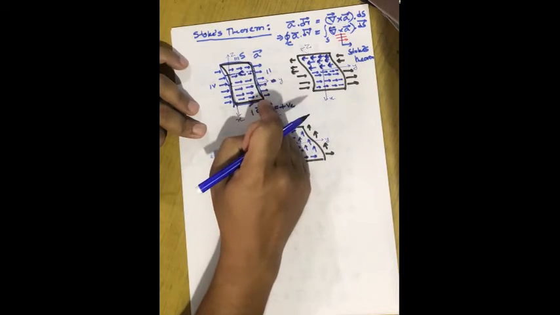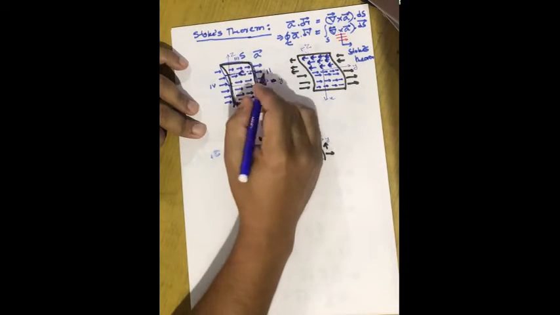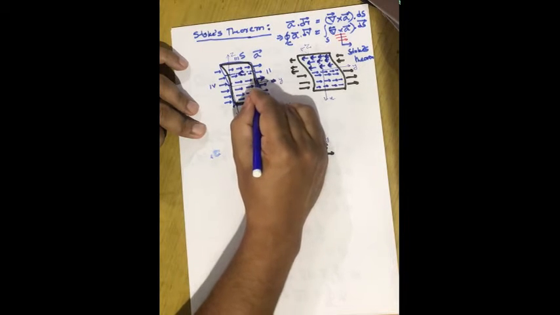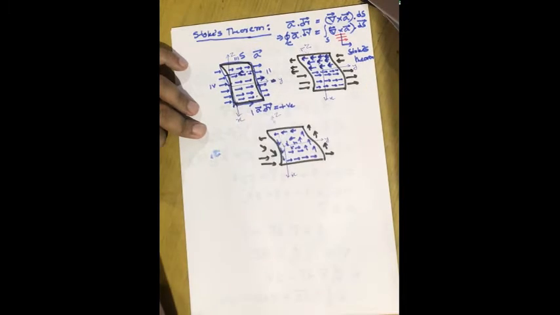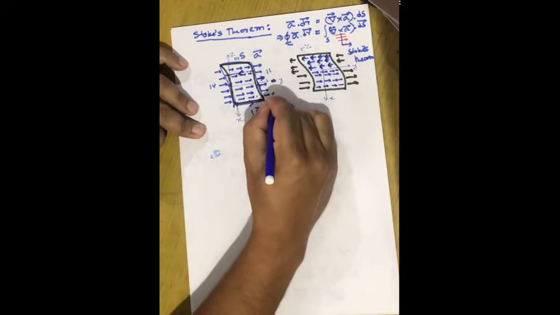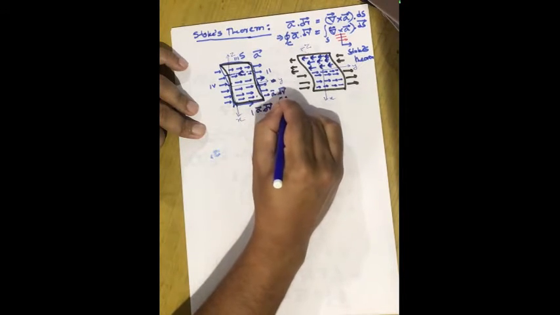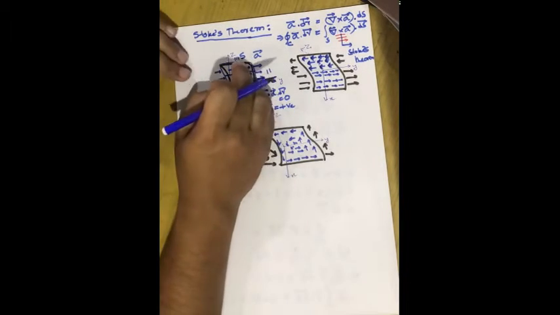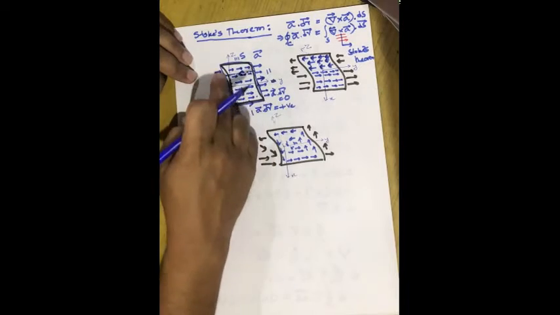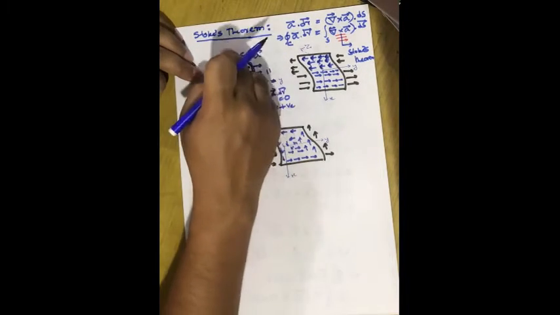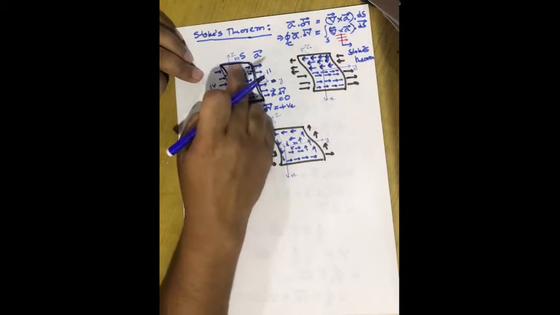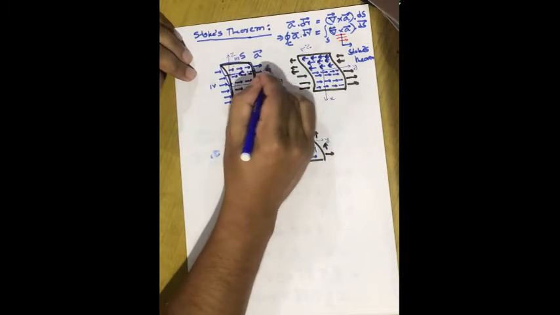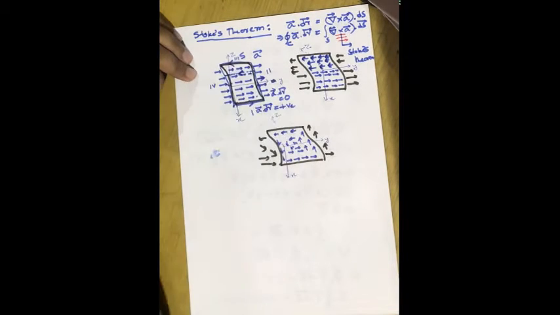Now along this direction, the vector A is along this direction, and the chosen path is almost perpendicular. So on this path, A dot dr is equal to 0, because A and dr are perpendicular to each other. If these are continuous paths, 1 followed by 2, then 3, then 4, then along path 3 the vector is along this direction and the line integral is along this direction.